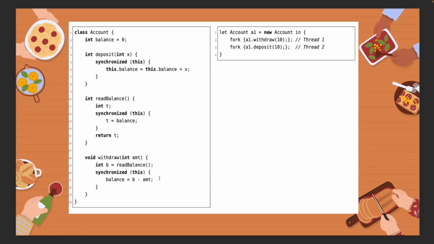If this happened sequentially and you got the same output, in no way would you have gotten a -10. You would have definitely gotten a 0.